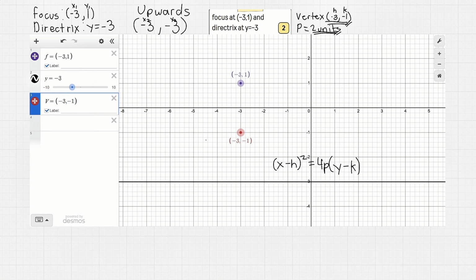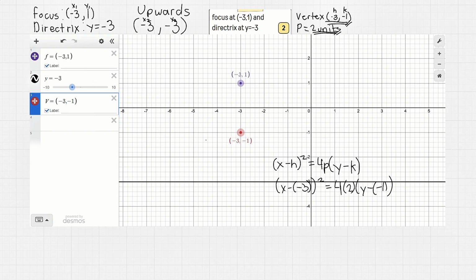Now, let's substitute. So we substitute h, -3, squared equals 4, and our p, or our focal distance of 2 units, and (y minus, in parentheses, because we have -1).